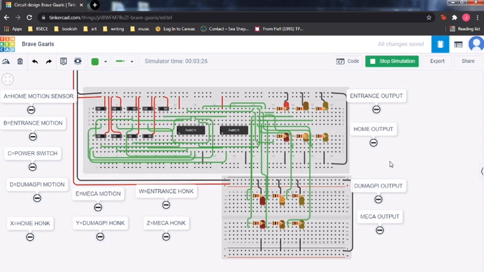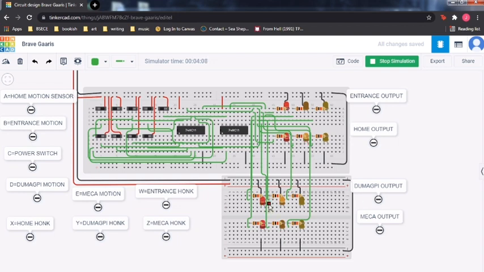So if there is a car at the entrance while there is also a car at the Mecca, let's try the entrance motion, B, and the entrance honk, W. Multiple lights will turn on at the home: the red light is on because there is a car at the entrance, and the orange light is on because there is a car at the Mecca side.